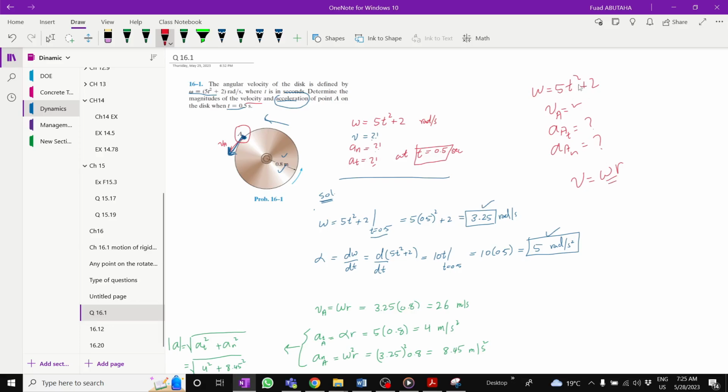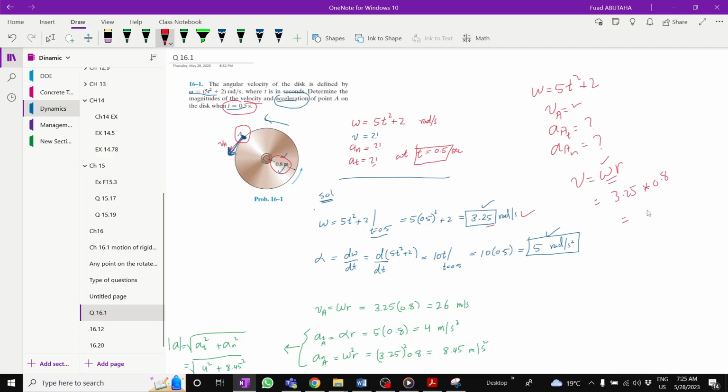Omega is given as a function of time, 5t squared plus 2, and he asks at this time, so we just plug in when the time is 0.5 and get the omega value. So the velocity will be omega, 3.25, times the radius, 0.8 meter.